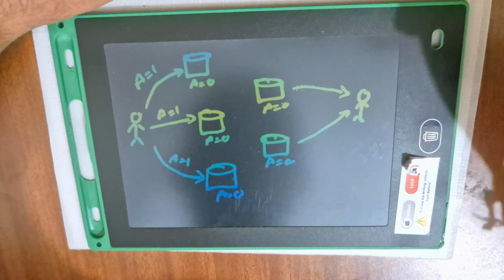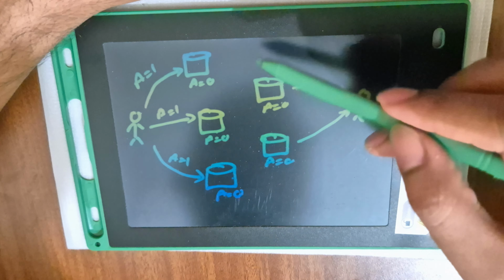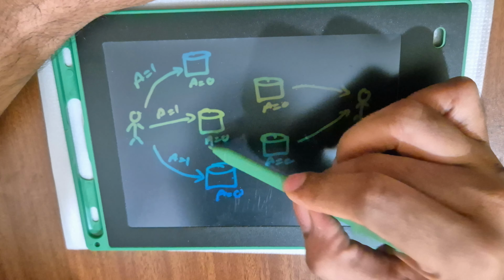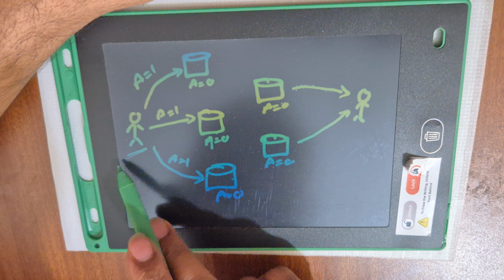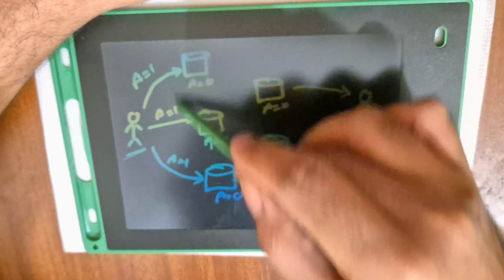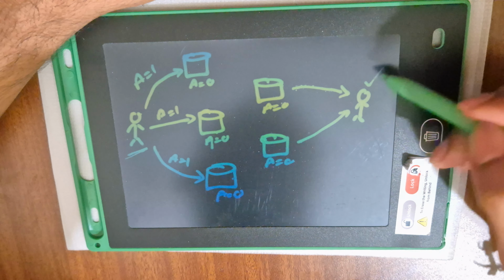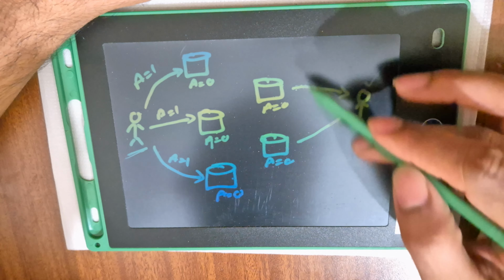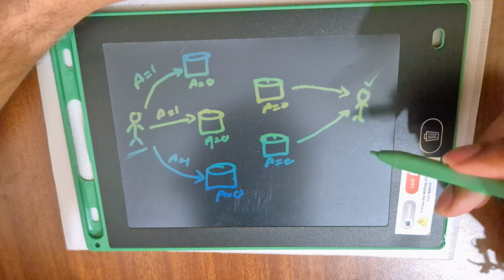Let's take this case, in which initially in all the DBs A was equal to 0. Then this client writes A equals to 1, but only to one of the 3 DBs. When this guy reads, he reads from the 2 DBs where A is still equal to 0. So he gets stale data, correct?